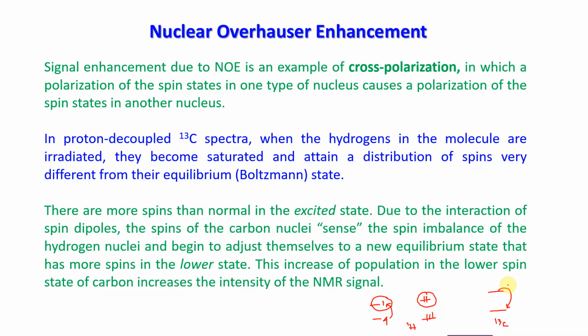Okay, and that is influencing the nearby, different nuclei, say suppose 13C, and that 13C, to maintain the overall polarization, its population at the higher energy state will be decaying and its ground state population will be increasing.